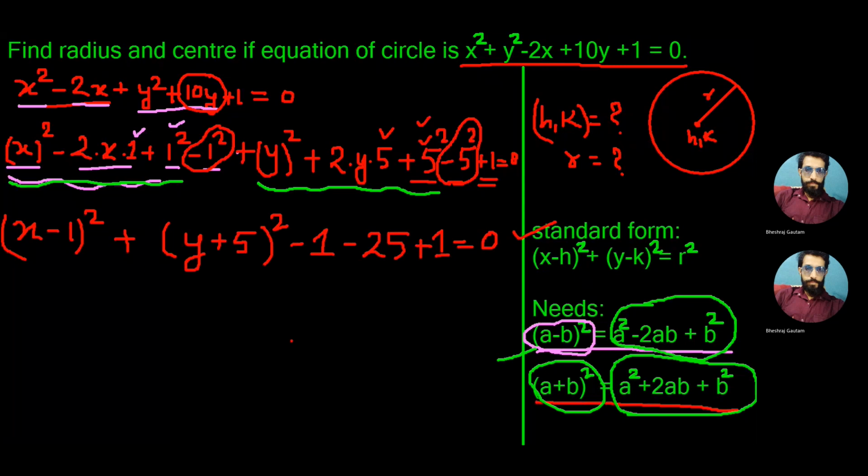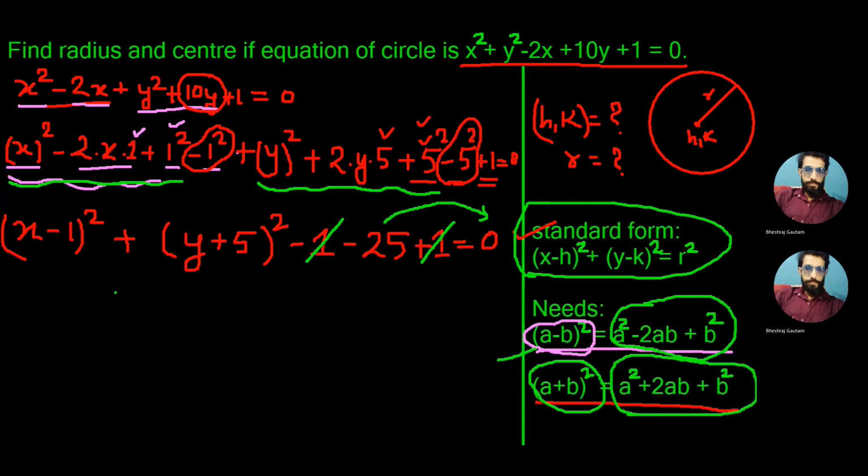As you see, this minus 1 and this plus 1 can be cancelled, being the same number with opposite sign, as it is allowed here. And we will take this minus 25 on the right side, so that we can express the obtained equation in our standard form.